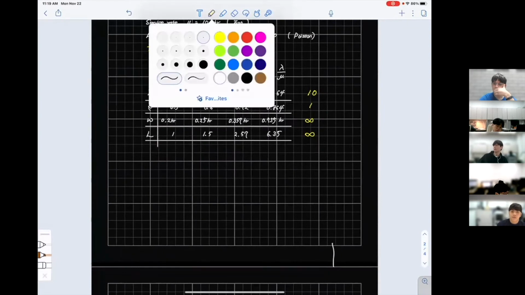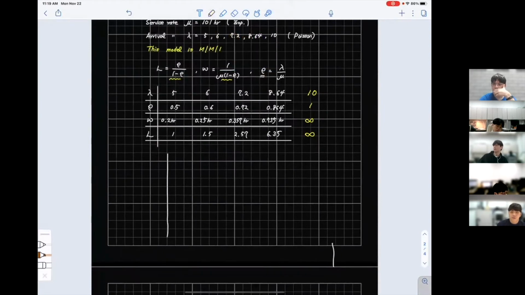Let's draw some lines here. First, let's plot the Q length.